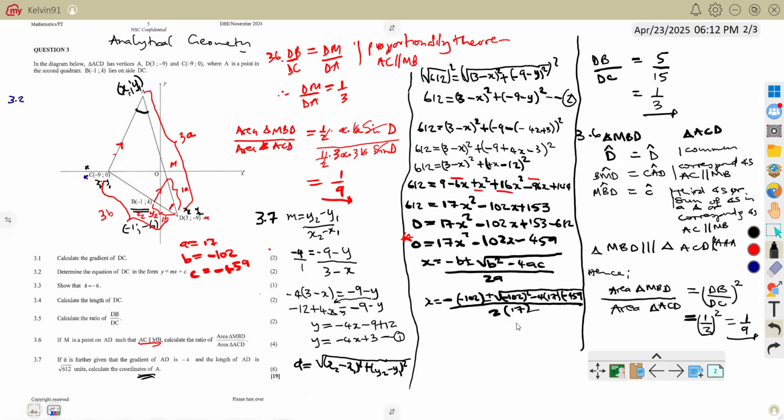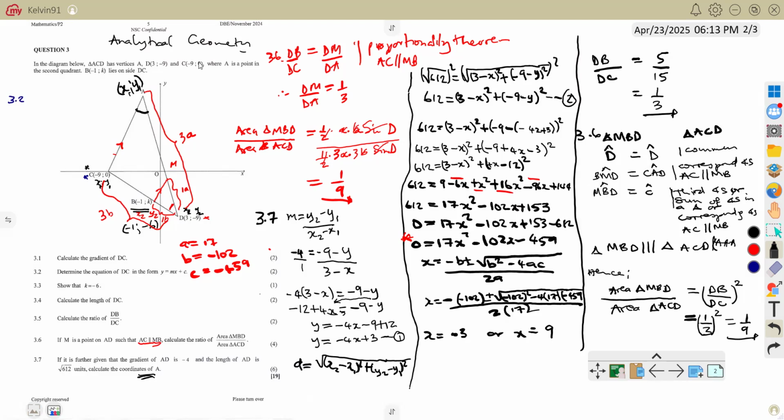So using the calculator, we agreed a is equal to 17, b is equal to negative 102, and c is equal to negative 459. So we are getting our answers for x to be x is equal to negative 3 or x is equal to 9.